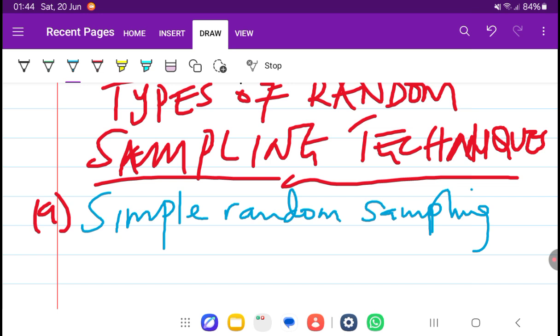Then we just pick one at a time, then we cross-check to see which number we have included in our sample. So when you are picking these items, each of the members, or each of those squeezed papers, will have the same chance of being selected.